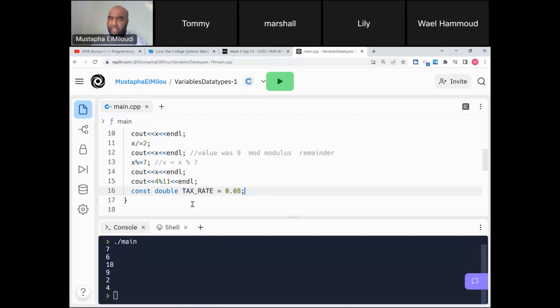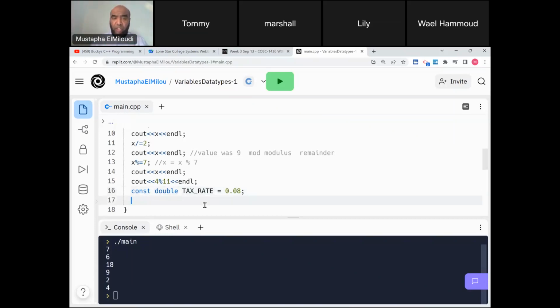First, can you see the way I typed TAX_RATE? Everything is capitalized. It's not required, but by convention, to distinguish this kind of constant from the rest of the variables, all programmers said, okay, let's make it look different by capitalizing every single letter. So every time you see it, you can recognize right away that it is a constant.